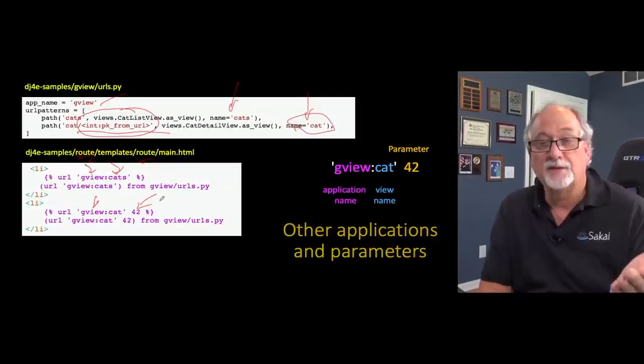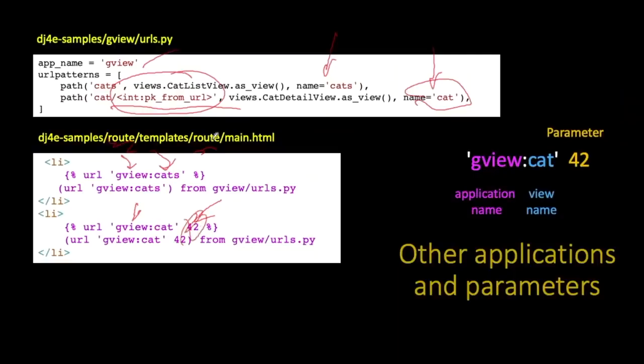Now, there's a lot of nice stuff about this. For example, if you omit this, it's going to look up gview:cat and find it and say, you know what, I'm supposed to have an integer, and it'll blow up on you if you get that wrong. Or if you put a 42 on gview:cats, you're not supposed to have a number on that. But gview:cat, you are supposed to have a number. So this is one of the nice things about this reverse URL lookup, in that there's some error checking that goes on, because when code blows up silently, it's worse than blowing up in a spectacular fashion, because if it blows up in a spectacular fashion, you can fix it.